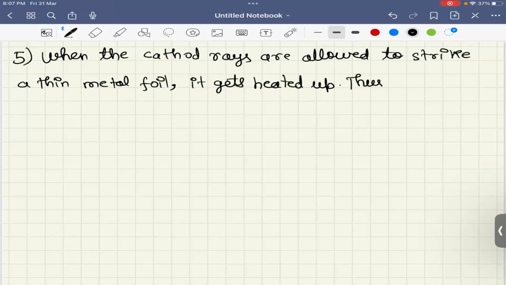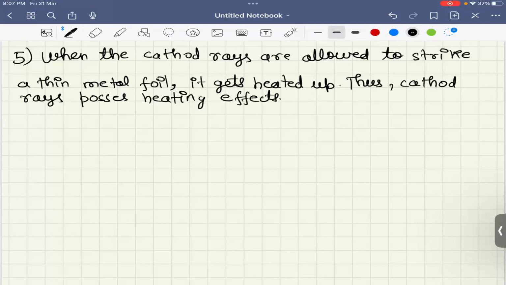Thus, cathode rays possess heating effects, right?